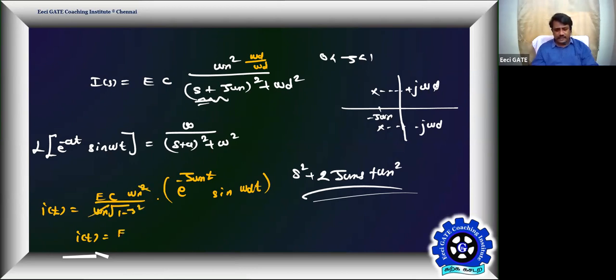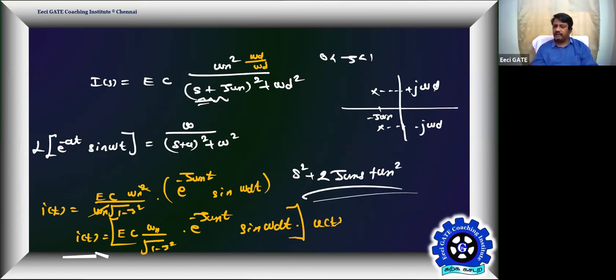As a result, i(t) equals E C ωn divided by root of 1 minus ζ², times e^(-ζωn t) sin(ωd t) u(t). That's your current. All of you getting this? Following?